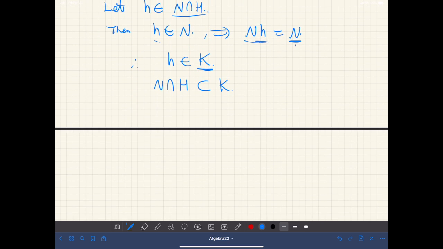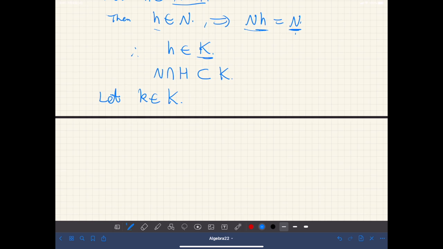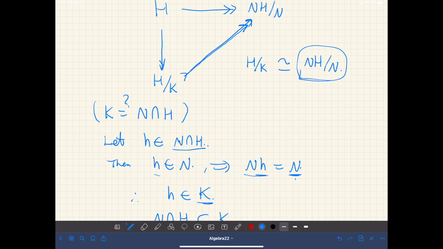Then next, let k be any element from the kernel. Since this is an element of the kernel, nk is equal to N, because N is the identity element of this set.